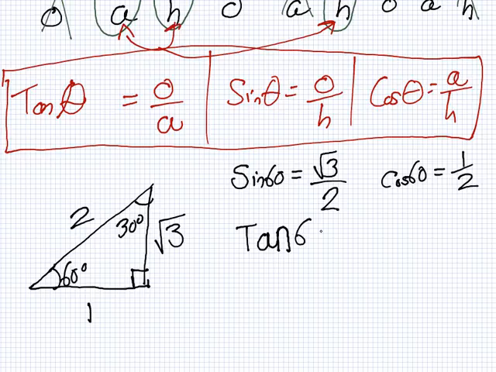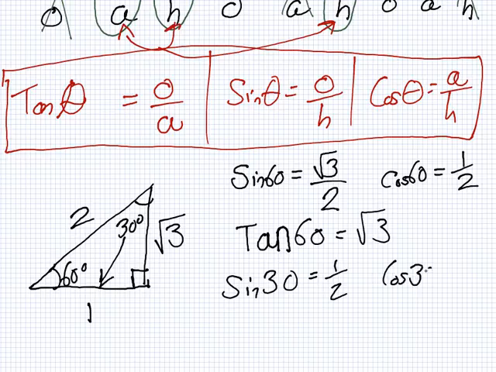And tan 30 is 1 over root 3. If you were to take out your calculator and type in sine 60, cos 60, tan 60 and all this, they'll be the same. So, let's have a look at how we could use our calculator to help us find missing information.